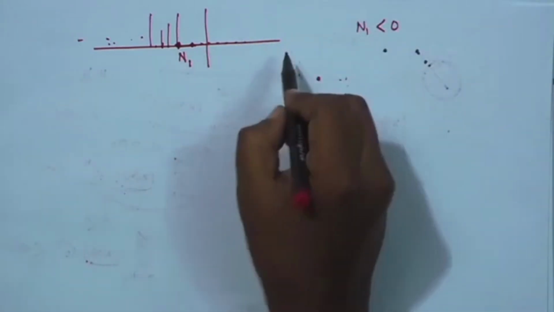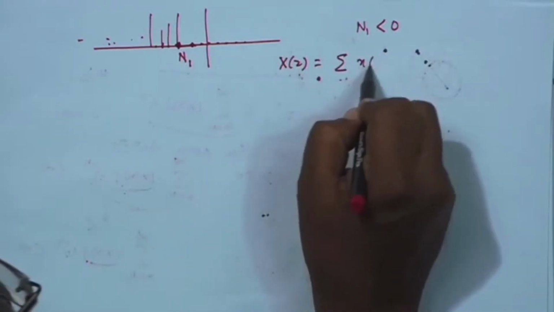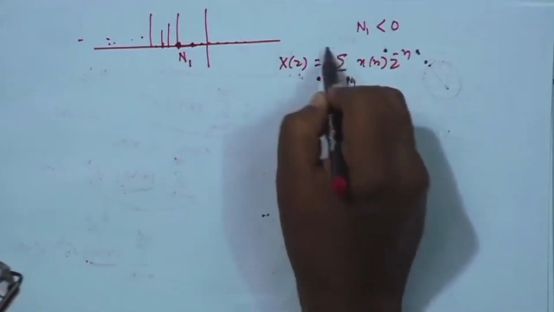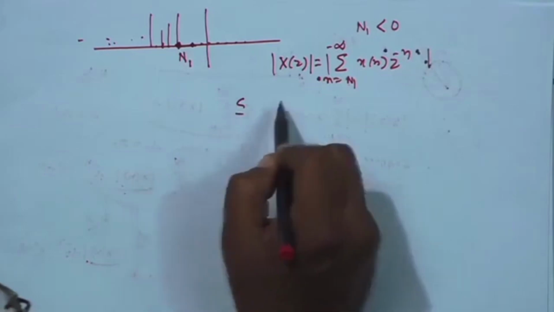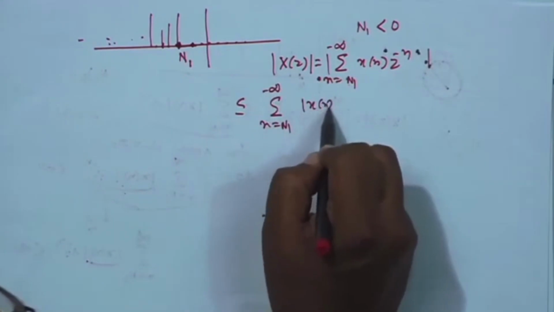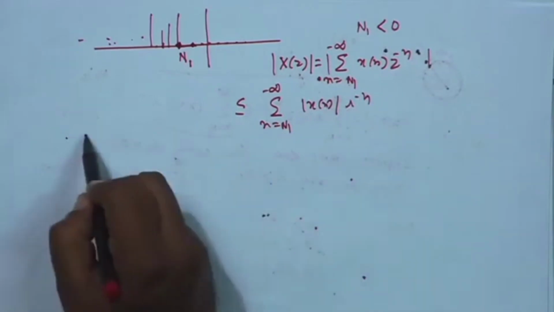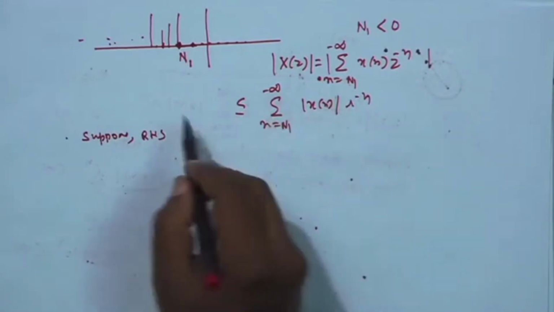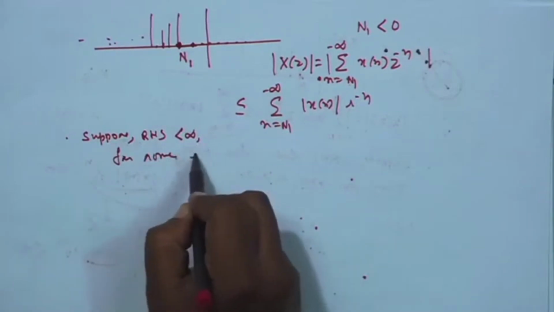In this case, for the z transform, n will be from n 1, which is a negative number, up to minus infinity. So, you take mod X z, mod of a summation less than or equal to all those things. Suppose the RHS, that is, this summation on the right hand side, is finite for some r equal to r naught.